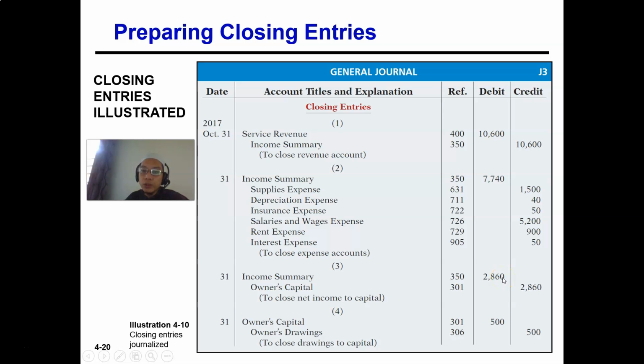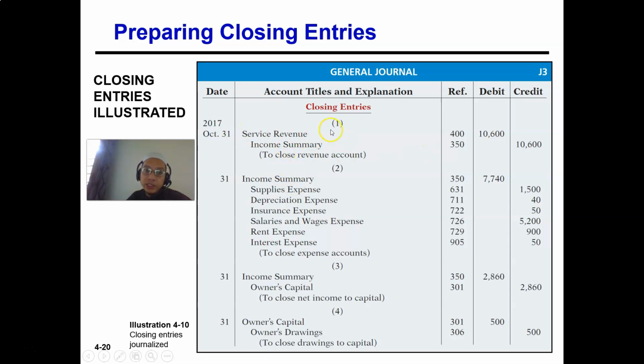To close the income summary account, we need to debit 2,860 from the income summary account, and that we transfer into the owner's capital by crediting the owner's capital account by 2,860.